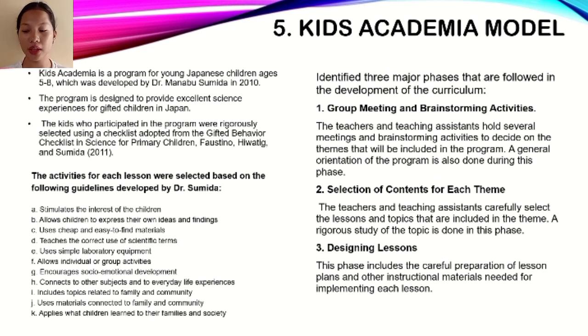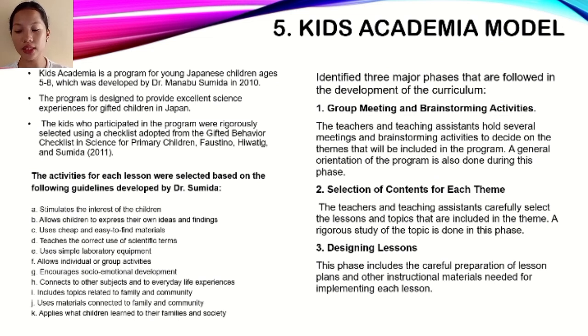So again, the three major phases that are followed in the development of the curriculum in the Kids Academia model are group meeting and brainstorming. Here, in the first phase, teachers and teaching assistants do a brainstorming and a meeting to discuss the needs or the target goals of learning experiences.